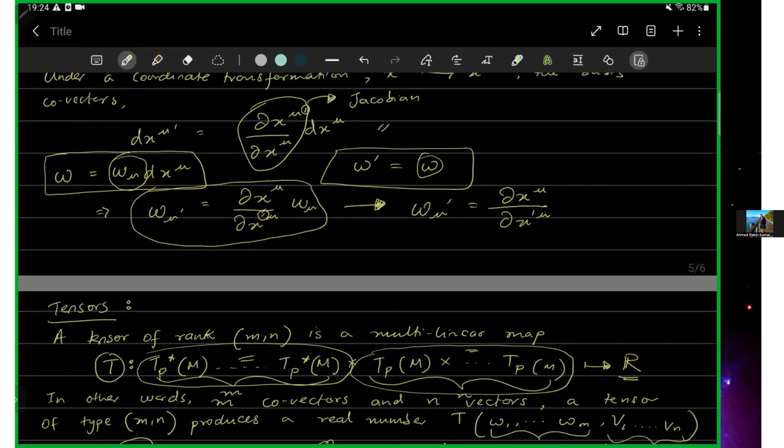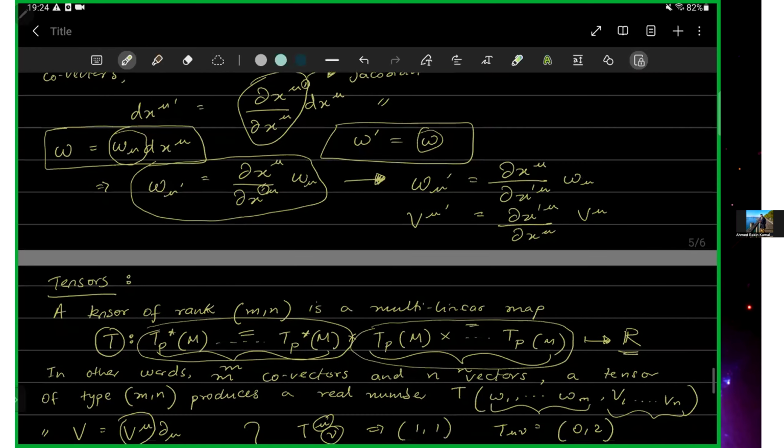As such, right? So of course, if I have v mu prime, which is a vector component, right? I would expect the inverse, right? So that means that depending on your indices, if they are upstairs or downstairs, the Jacobian actually flips, right?